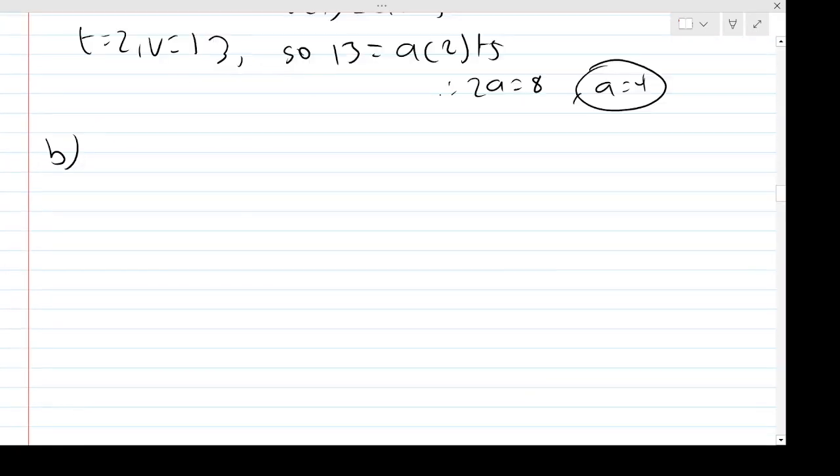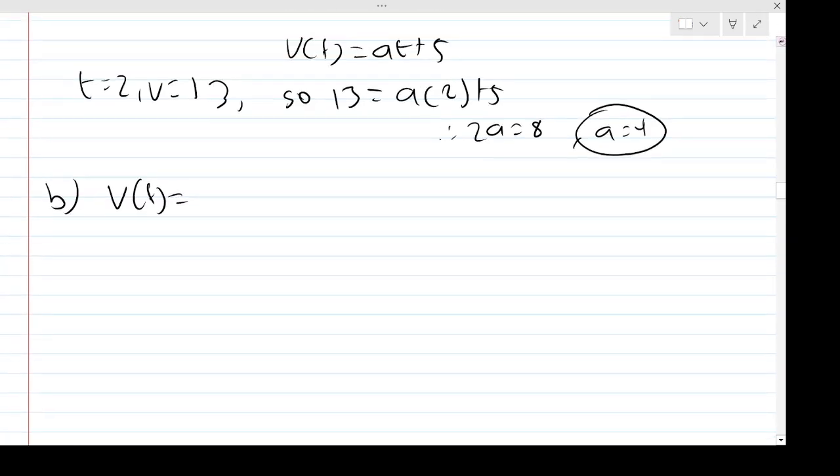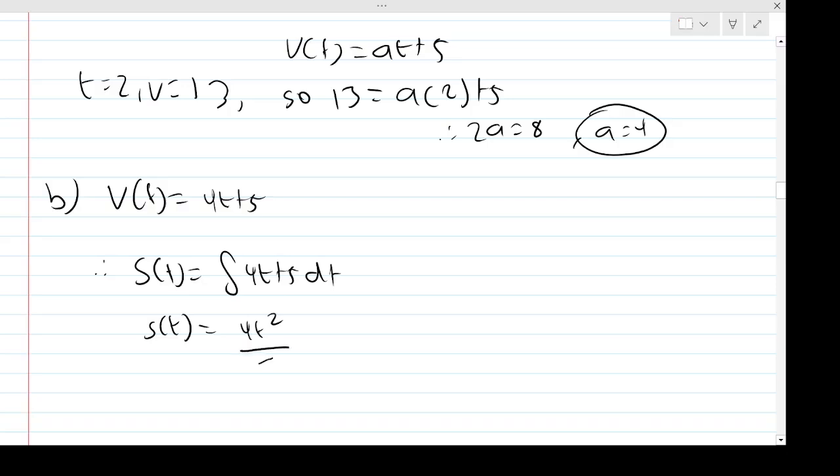Okay, so again, we know that the velocity function is now at plus 5, but we know that a is 4, so it's 4t plus 5. So if I want the displacement then, the displacement function is going to be the integral of velocity, so 4t plus 5. So if I integrate that, 4t will go to 4t squared, then divide by the power 2.